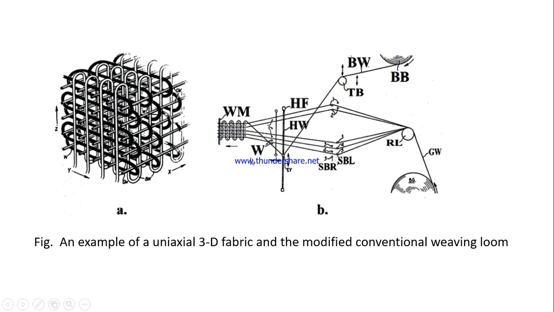Then the beat-up will be done to create this kind of 3D woven fabric, which is shown in figure A. So some modification is required in the existing 2D weaving machine to insert this binder yarn to bind all the inserted weft yarn.